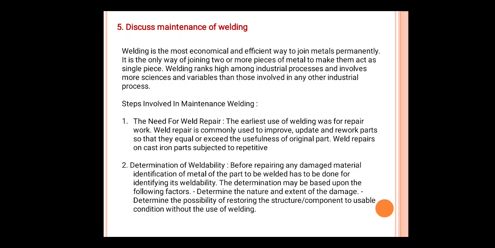It is the only way of joining two or more pieces of metal to make them act as a single piece. Welding ranks high among industrial processes and involves more sciences and variables than any other industrial process.